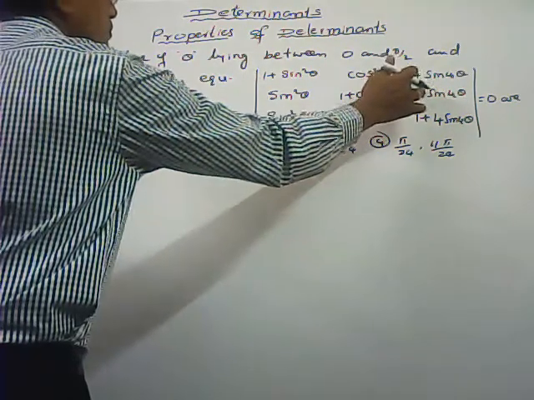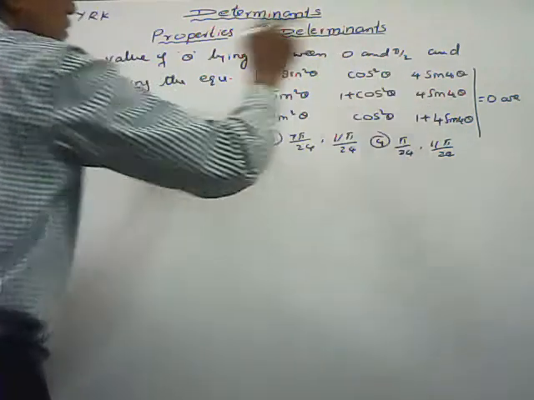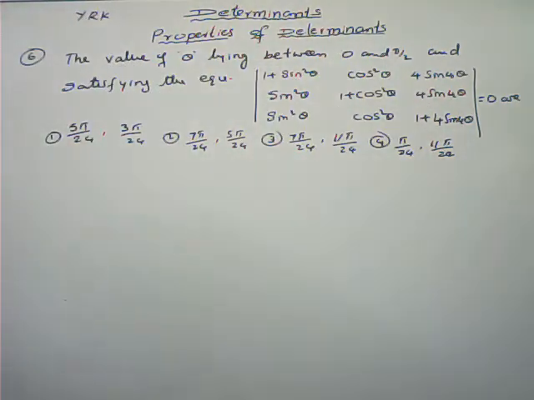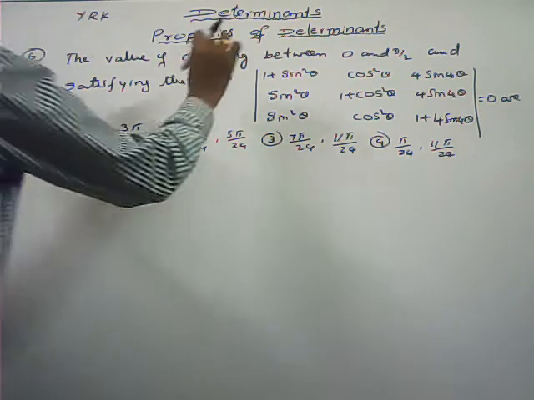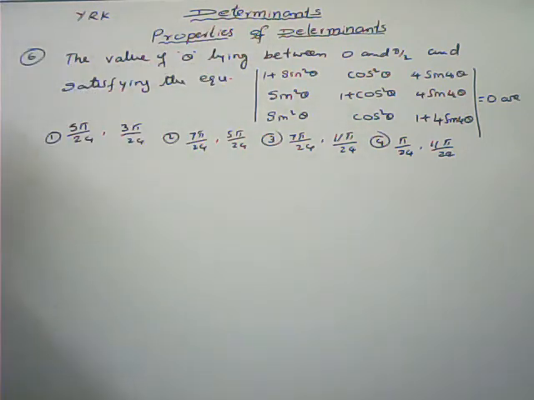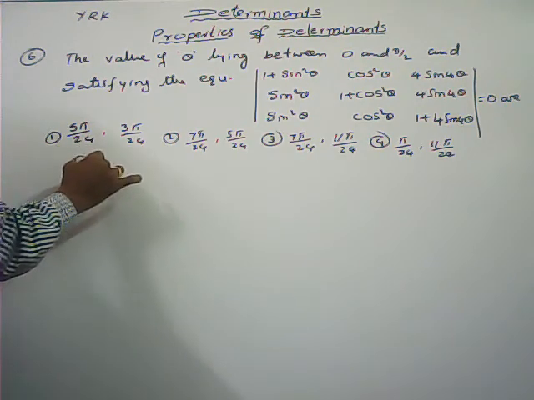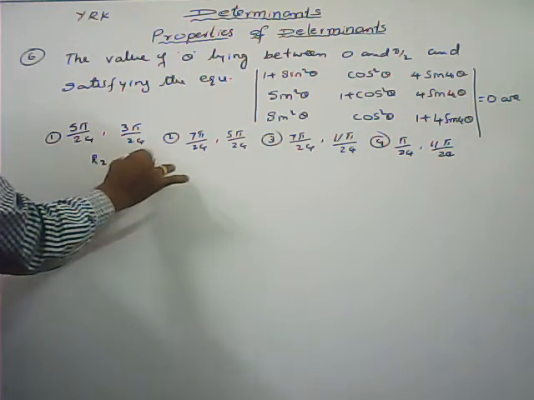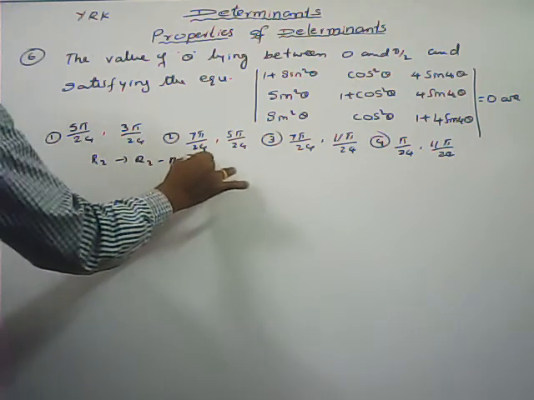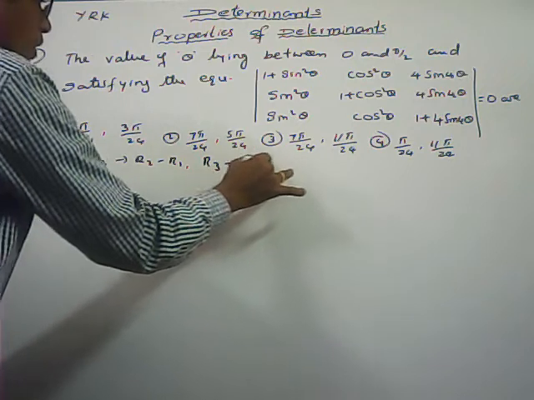Here, all the elements are 4 sin 4 theta, 4 sin 4 theta, 1 plus 4 sin 4 theta. Here I am fixing the R1 and subtracting the remaining 2 rows from R1. So what are the operations I am using here? R2 tends to R2 minus R1. R3 tends to R3 minus R1.